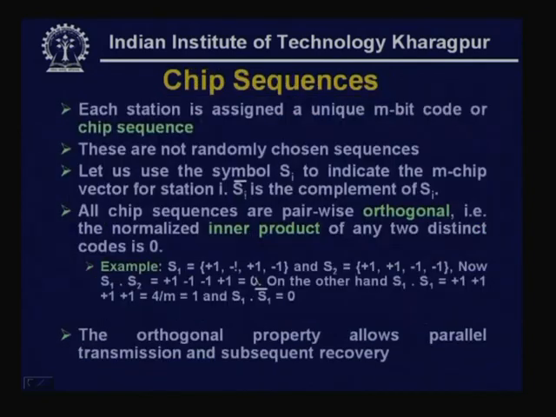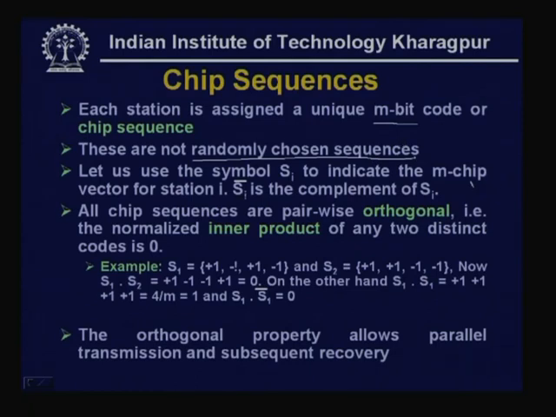Now, let us discuss more about the chip sequences. As I mentioned, each station is assigned a unique m bit code or chip sequence. Obviously, these are not randomly chosen sequences. You do not generate them in an arbitrary manner.